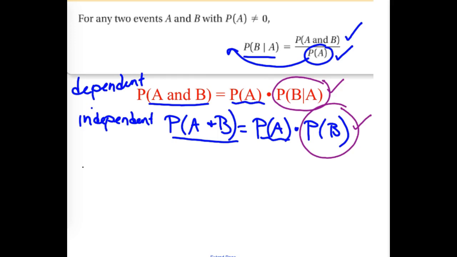It does not matter to me whether you use this version or this version. Whatever seems easier to you is fine. I like the bottom one a little better just because it resembles my independent version, but you can use either one.